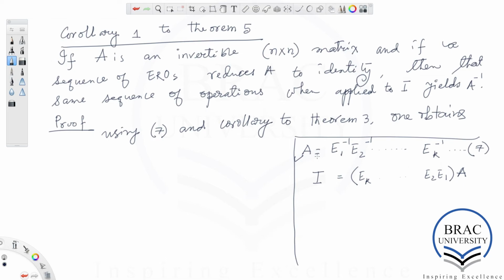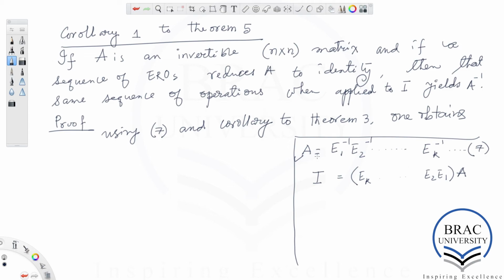And we are going to use the corollary to Theorem 3, which stated that a product of invertible matrices is invertible, and the inverse of the product is given by that formula. You put the individual inverses in the opposite order to get the inverse of the product. We have seen it when we discussed the corollary to Theorem 3.